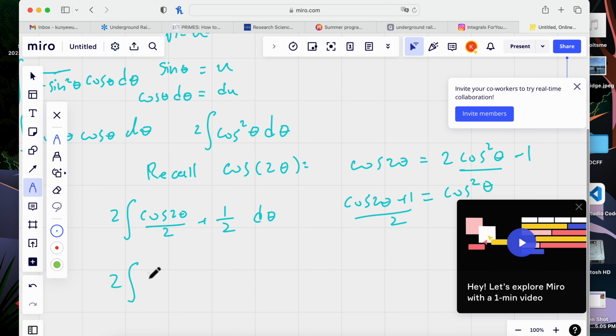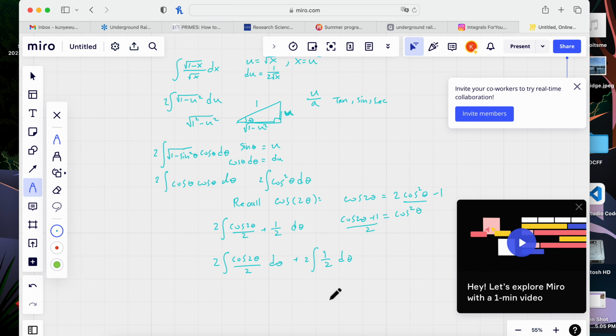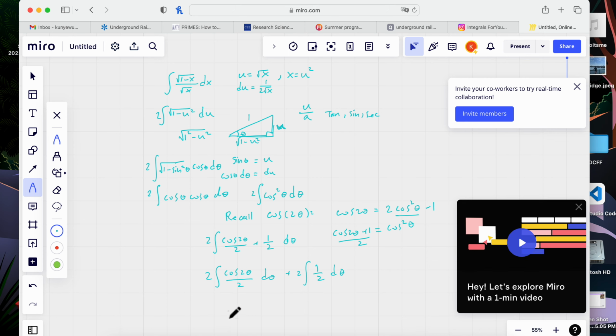And it is so important that you keep your constants along with your integrals. d theta plus 2 times the integral of 1/2 d theta. Okay, very nice. So we can factor out the 1/2 with the 2, so that will just give us 1.